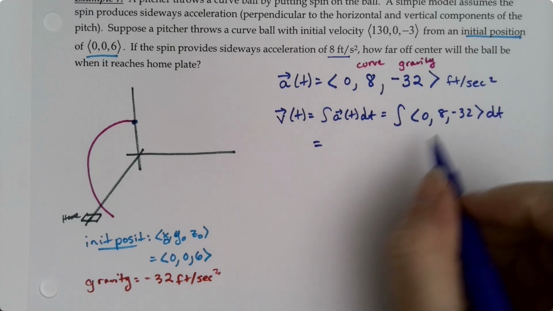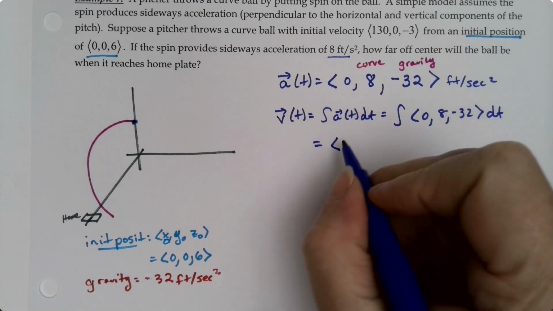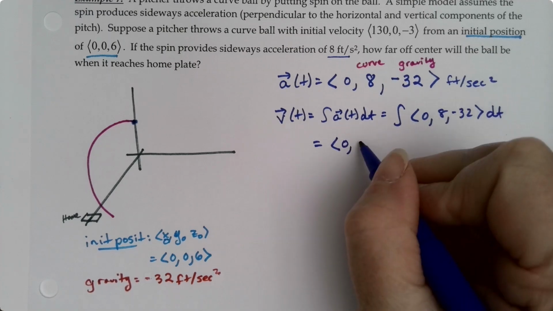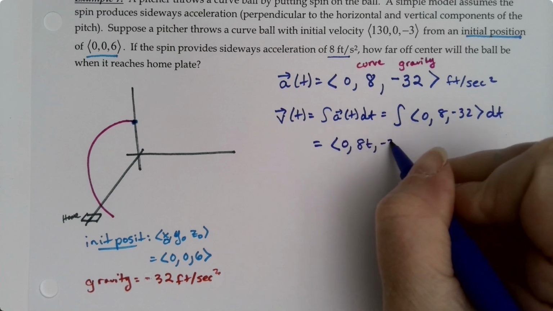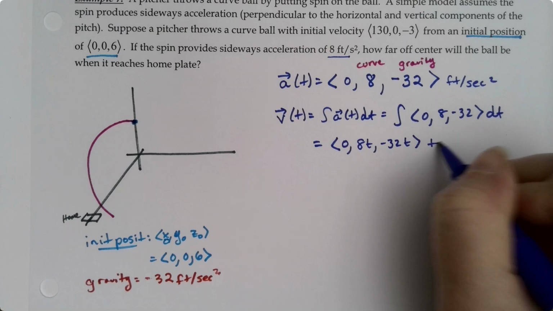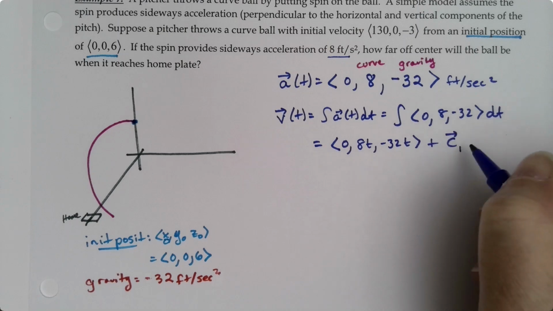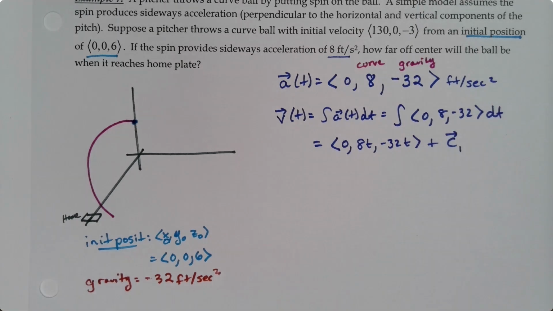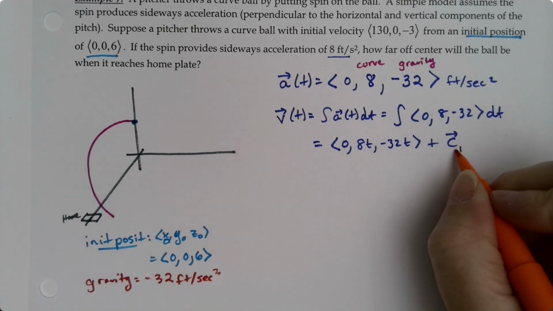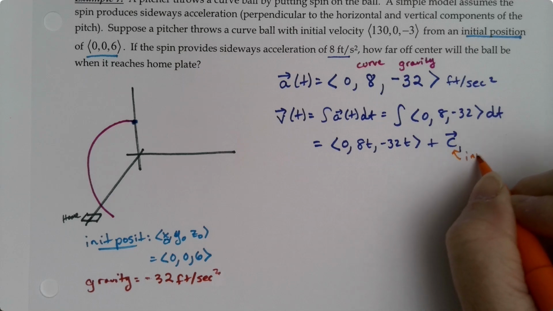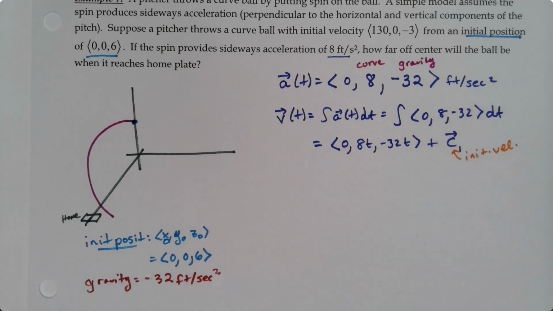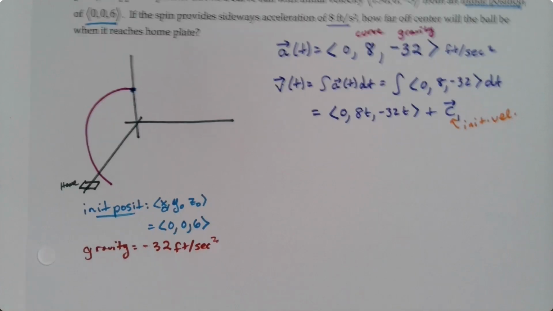And that would be 0, 8t, negative 32t, plus your initial velocity. But I know my initial velocity.